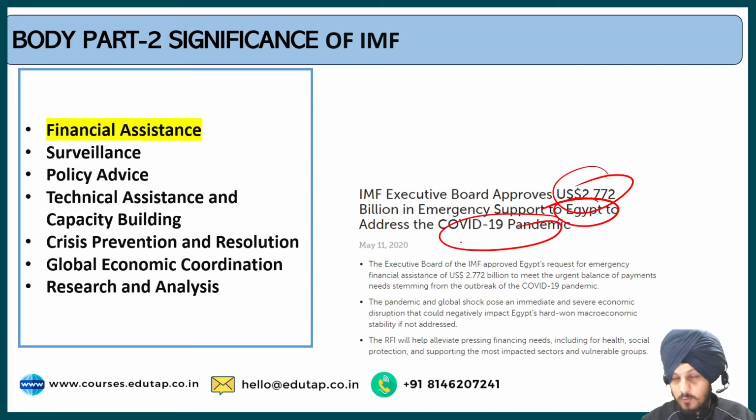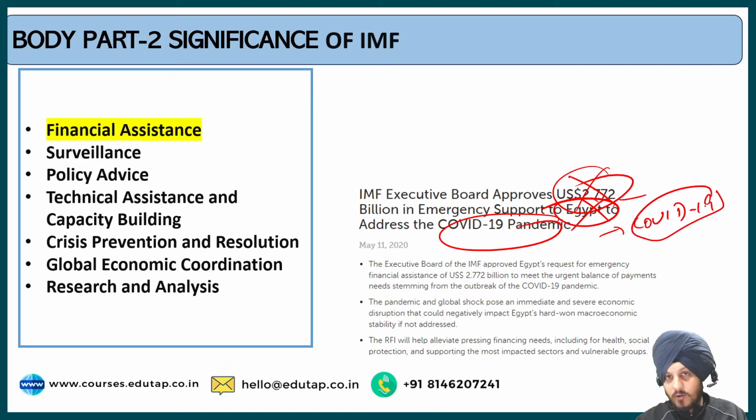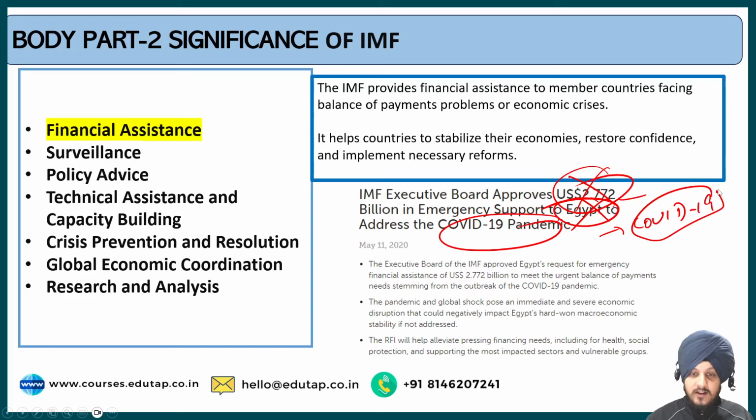So first thing is that while writing it in your answer, you don't have to mention Egypt. There is no need of that, and you also don't have to mention this $2.7 billion. What you have to write is that IMF played an important role during the COVID-19 period by giving financial assistance to different countries. You can quote it as an example, and this is the explanation that we have already discussed, and that is it about the first point.